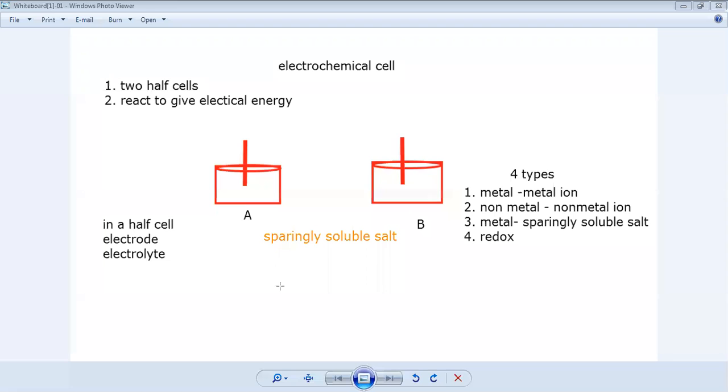The word sparingly indicates hardly or rarely. So are there some metal ions which are not going to get dissolved in water? Can you give me one or two examples? Gold, platinum.